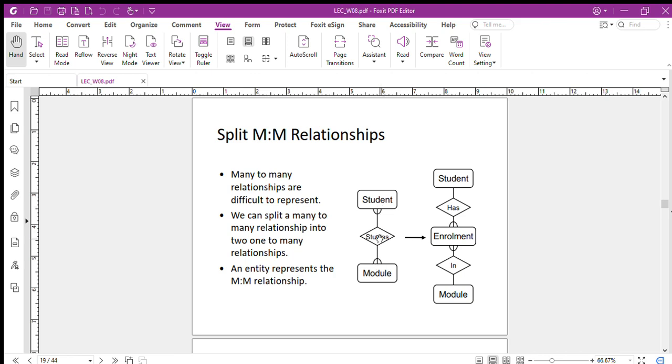Now, this many-to-many relation is broken down into these 3 entities: a student, the module, and a student enrollment. So student has many enrollments, and many enrollments are in a module. Many-to-many relationships are difficult to represent. We can split a many-to-many relationship into 2 one-to-many relationships. This is how we manage many-to-many relations in our ERD.